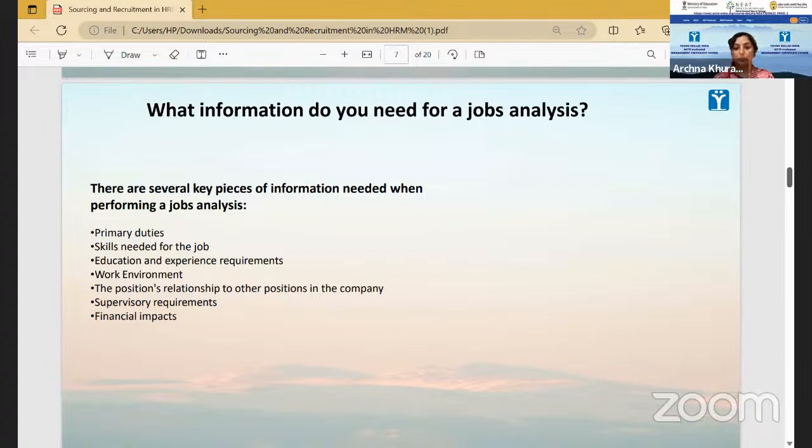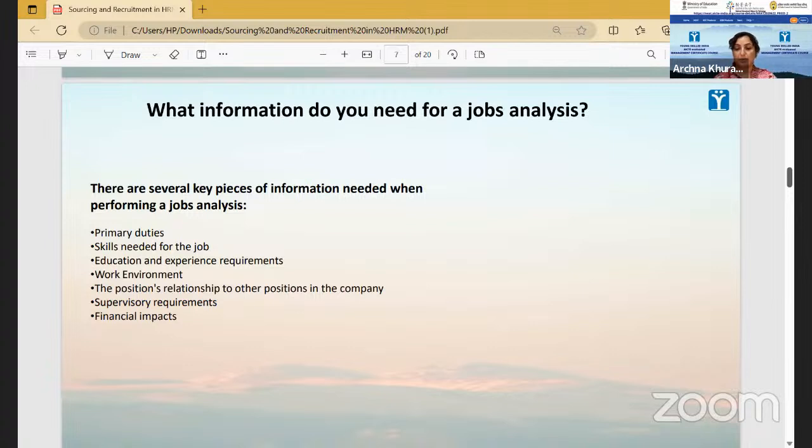Right. Then the next point is supervisory requirements. If this is an HR executive role, what are the supervisory requirements? How many people are they reporting to? Yes, one is their recruitment head. The second is that the person has to work very closely with the functional heads as well, because other functions will also put across their manpower requisition, that these are the number of people that we require in these positions.